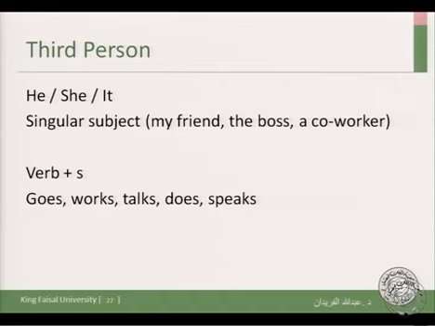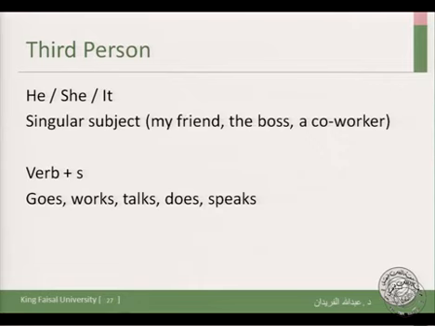So we add to the verb S, like goes, works, talks, does, speaks. So when we talk about just one person, not only he, she, it. For example, when we say my friend, just one friend. My boss, just one boss. My colleague, my father, my mother. When we talk about just one person, we add the S to the verb.